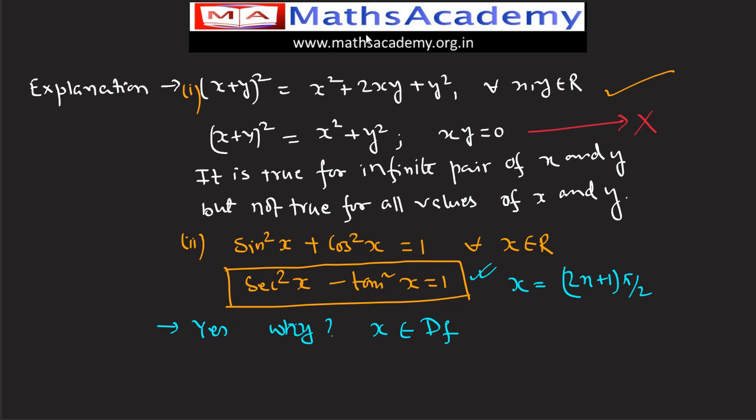My question is, when can we say a quadratic equation is an identity? The big question is: when will ax square plus bx plus c be an identity?